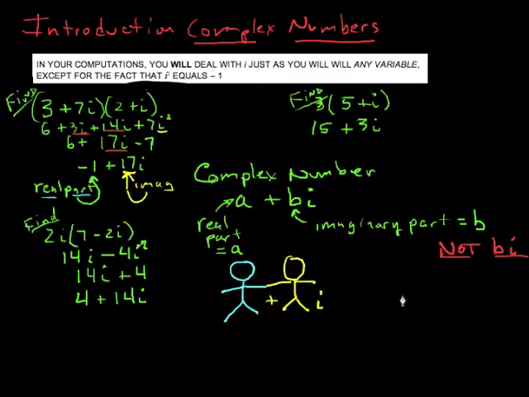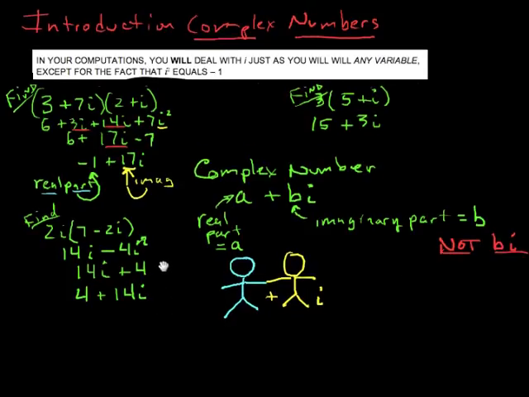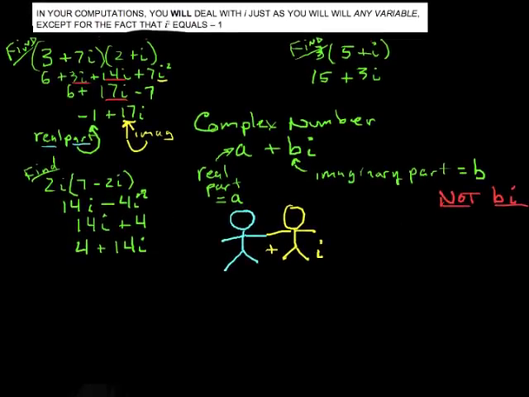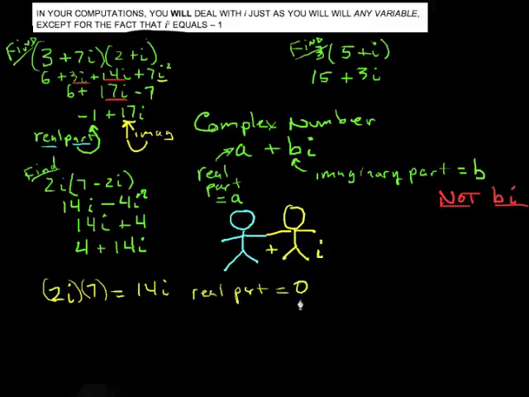We can also have numbers like this. What if we did 2i times 7? This is equal to 14i. The real part is equal to 0. Should be doing that in blue, right, to be consistent? The real part is equal to 0.